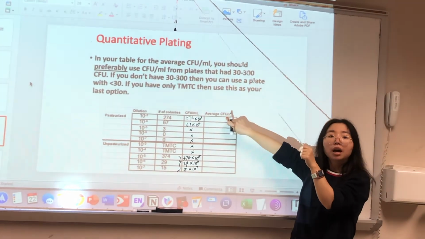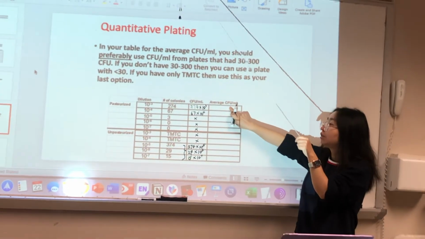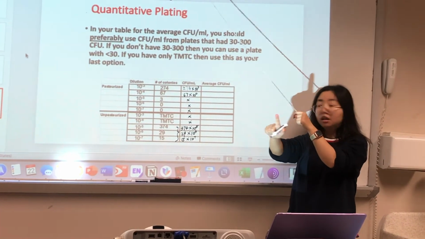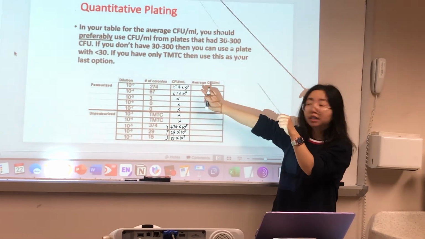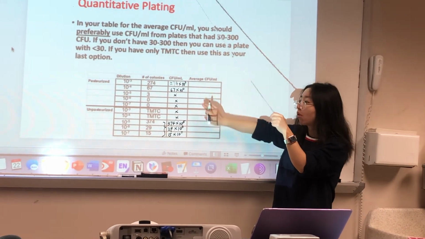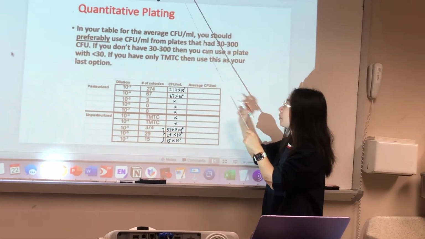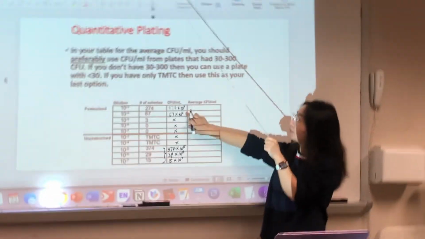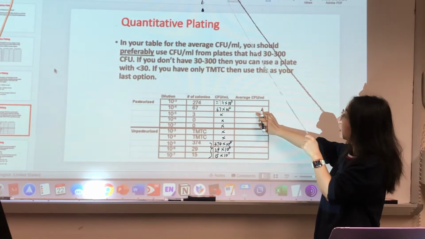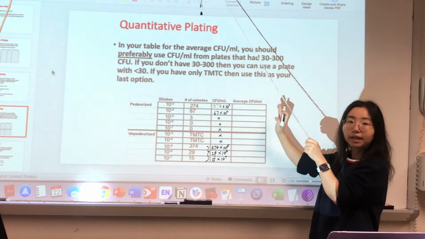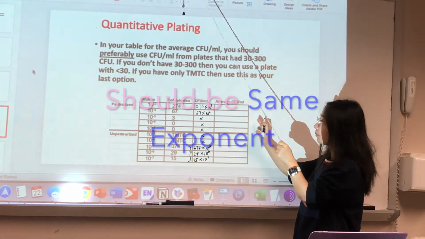Since the average would be only one number for either your pasteurized or unpasteurized raw milk sample, let's have a look at this one. How to do the calculation is by getting the same notation.